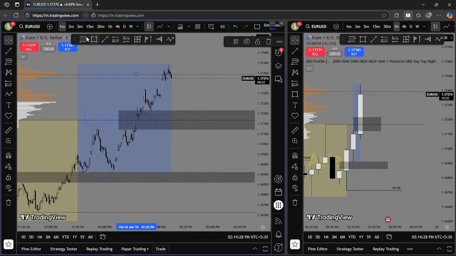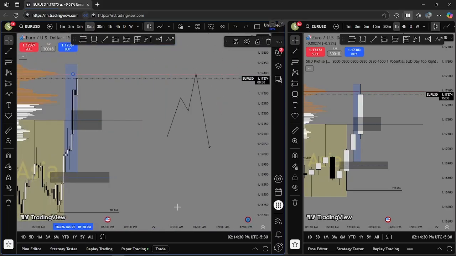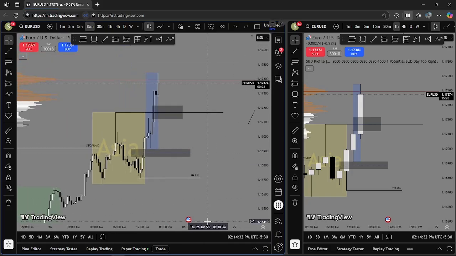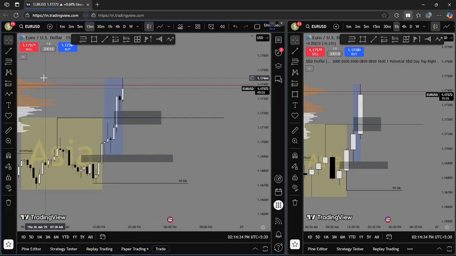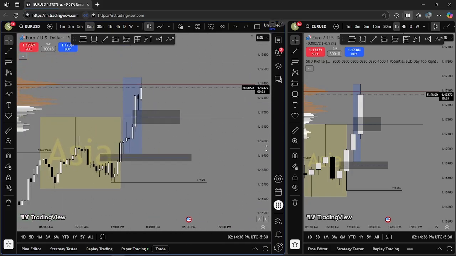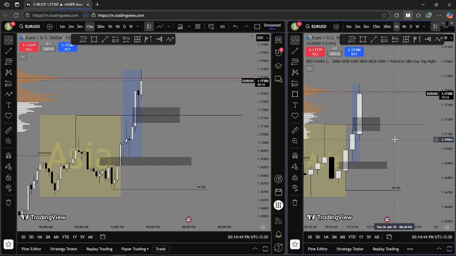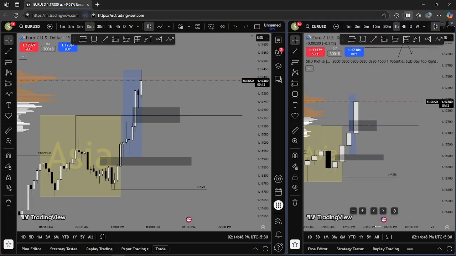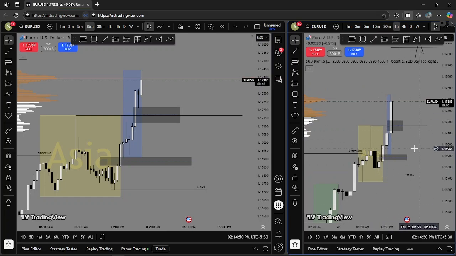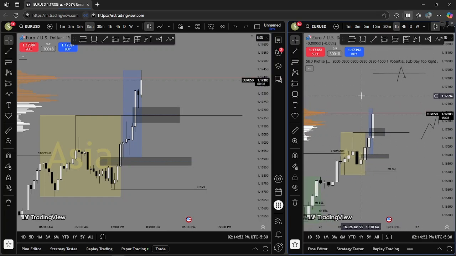But if you look at it, through understanding the volume profile, the current price action and delta, we can pretty much say that we're most likely going to take more time to come down, or maybe we have a very low chance of coming down, because you can see the way we're pushing to the upside. If you look at the volume profile, you can easily see what's going on.